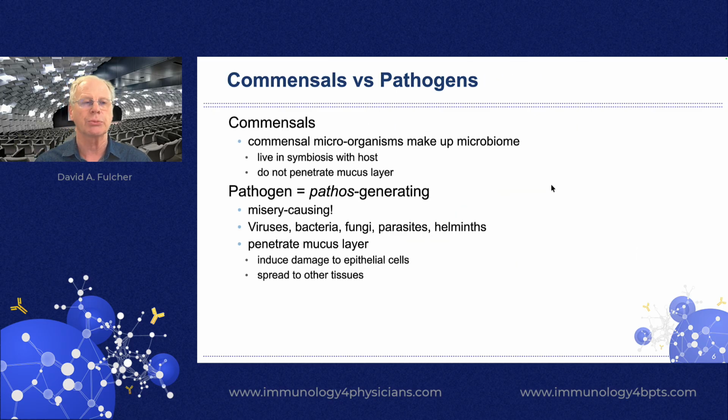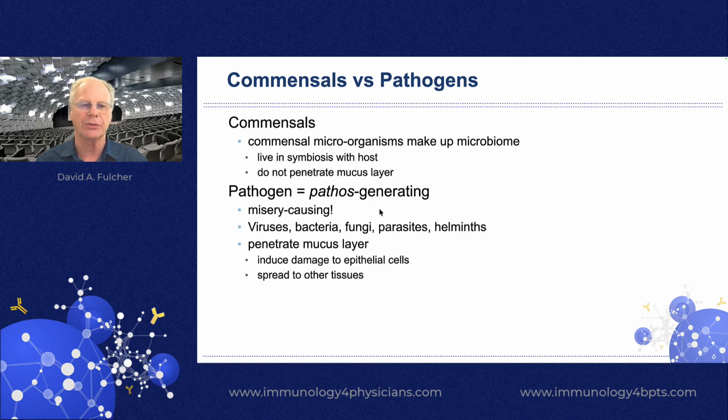Now, this starts with the differentiation between commensals and pathogens. Commensals are microorganisms that make up the microbiome. They live in symbiosis with the host. They don't penetrate the mucosal layer. They don't do damage. We more or less live in harmony. But this is distinct from microbes which are pathogens.